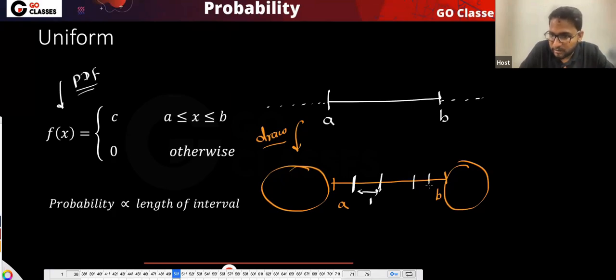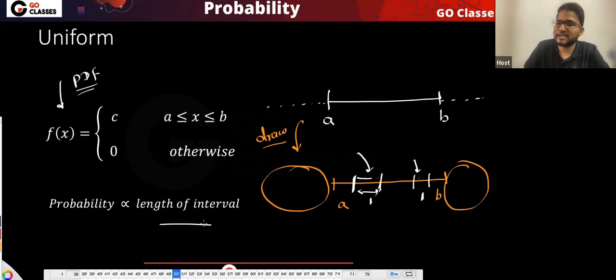Then an equal number of points will be here and here, which means the number of points in any length 1 is the same. If you get 100 points here, you will get 100 points there also. If the length is the same, the number of data points is the same. It says that probability is directly proportional to the length of the interval.